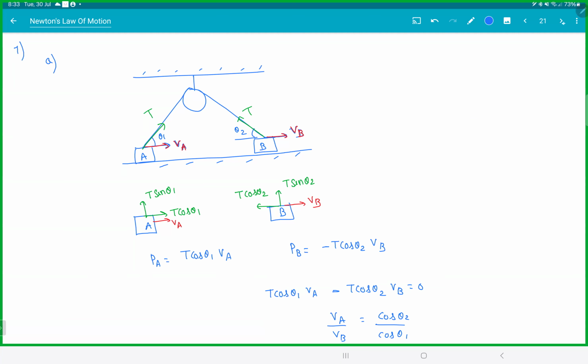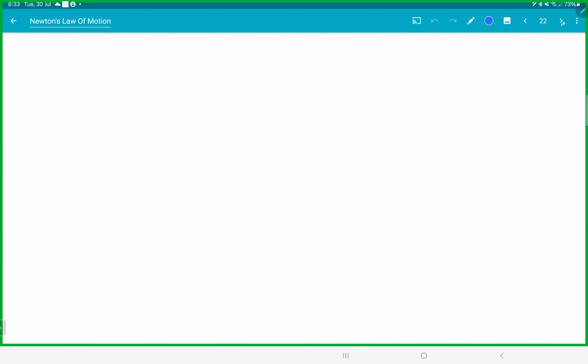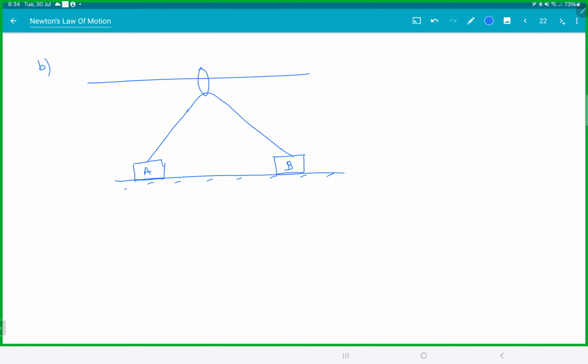Let me show you a variation of this. We have a ring here. The velocity of the ring is 1 meter per second.